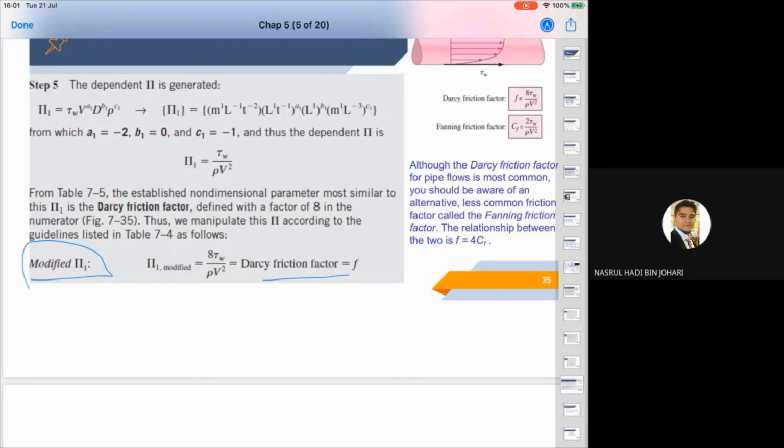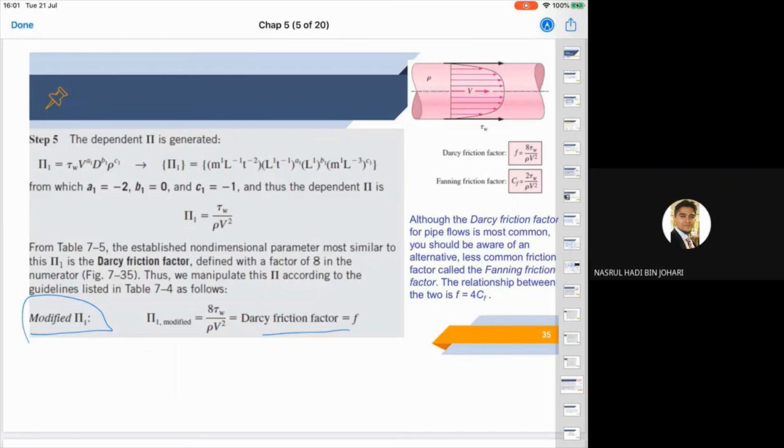Okay, how do we know how we can modify this? If you look carefully, we get only pi 1 equal to tau or the shear stress over rho v power of 2. But this one doesn't provide any information to us. So we check in the table, we figure out that the closest one is the Darcy friction factor.